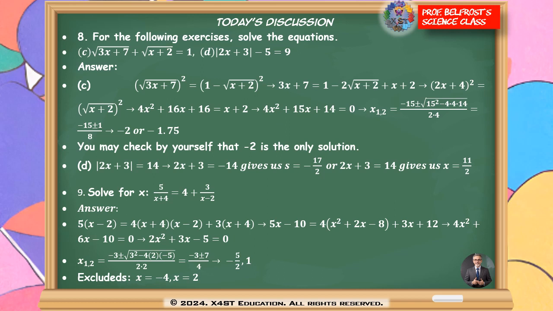And then we can use any method, factoring, completing the square, or the quadratic formula to get the values of x1 and x2. But you need to consider the excluded solution, which is the answer that will make the denominator 0. So in this case it is minus 4 and 2.